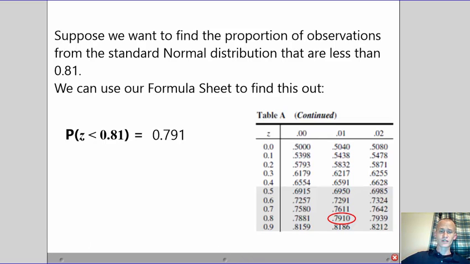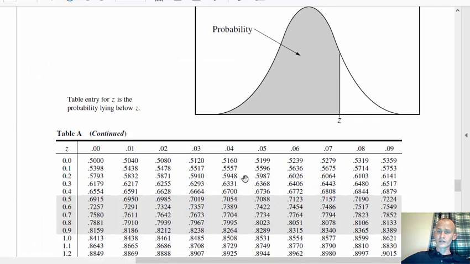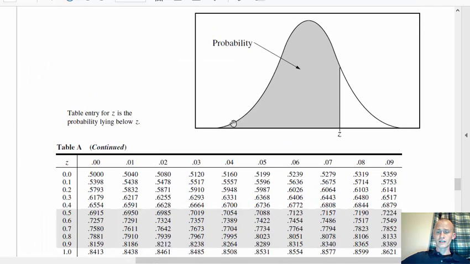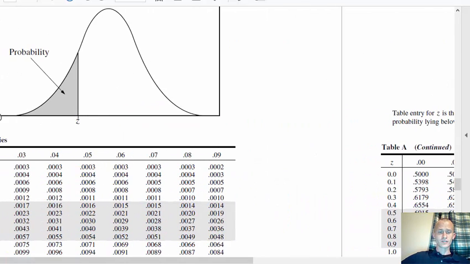Just make sure to include that on any questions that we talk about. These z-scores are all approximated values, and the values inside are the probabilities or the proportion of observations in that region. One other thing I want to point out is that when you look at this curve, it's always shaded to the left. On both of these tables, you start on the left and you go up to your boundary.